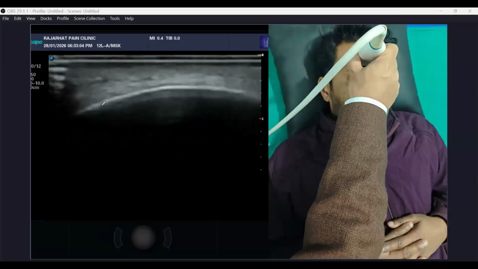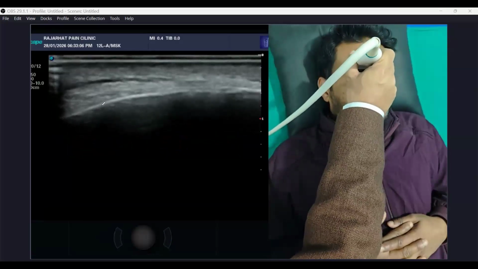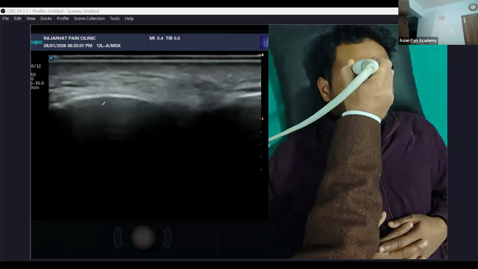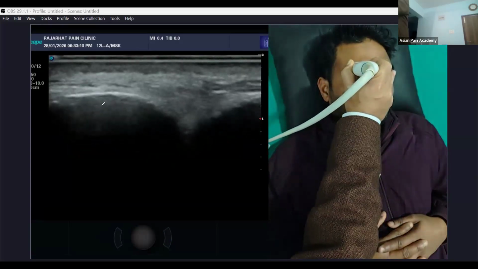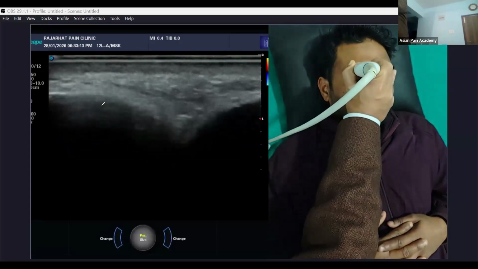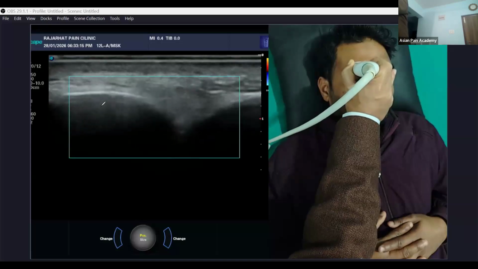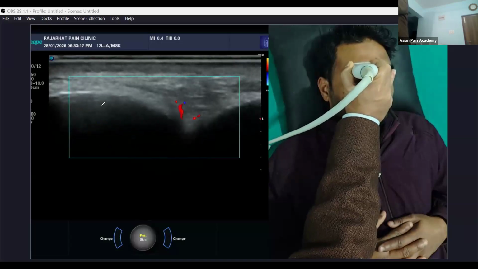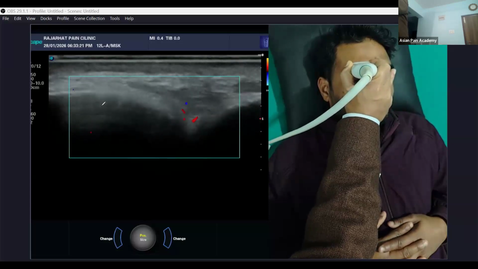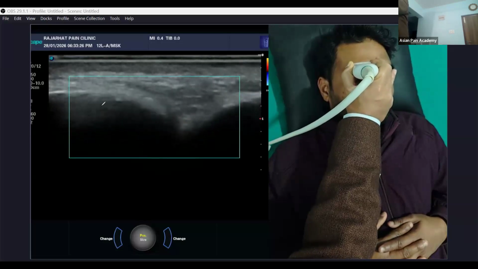This is bone. This is the gap. This is the gap. Now the color. As soon as I put the color, this is the artery. I think you can perceive the gap.